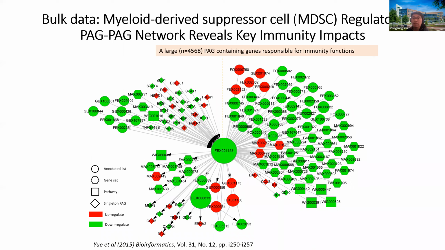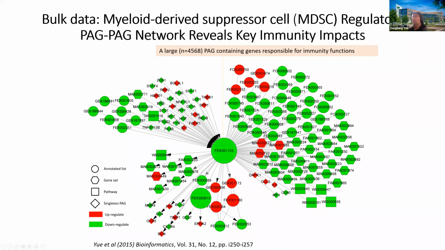The input is 1,105 differentially expressed genes, with 576 overexpressed and 529 underexpressed genes. Therefore, we do the enrichment analysis to get those different colors here. The red color indicates the upregulated and enriched PAGs, and the green color indicates the downregulated PAGs we have discovered using the candidate genes.